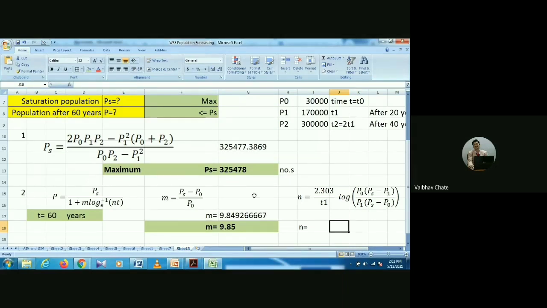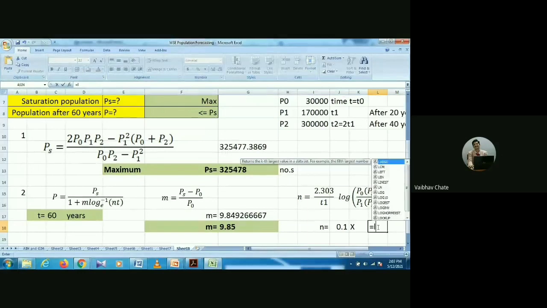Fine. So you are going to substitute the values and get the value for n. Now first 2.303 divided by T1, which is 20 years. I'm just going to calculate these things separately: 2.303 divided by T1 multiplied by log to the base 10.